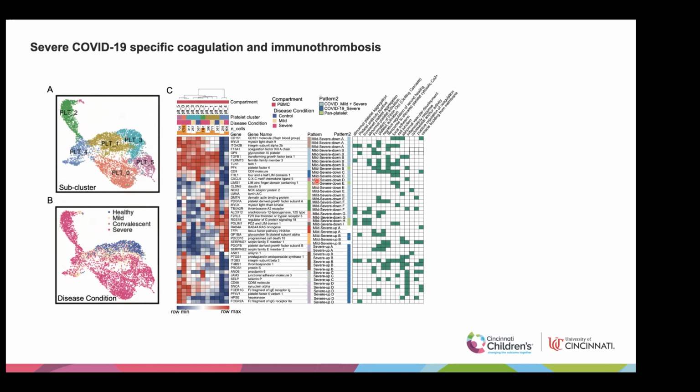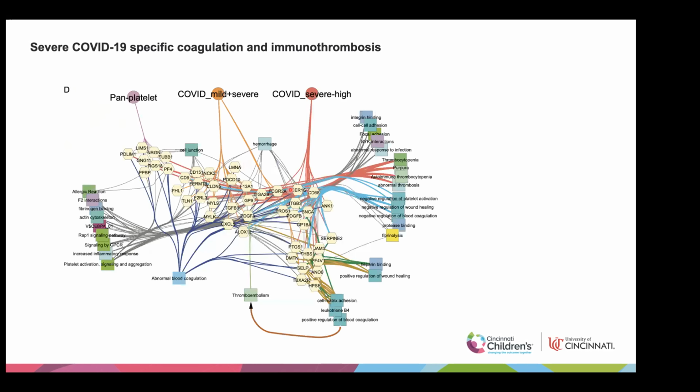We put forward a panel of genes that could be highly associated with coagulation or immunothrombosis in COVID-19 patients. And with those genes, we use ToppCluster and Cytoscape to build a network which can potentially explain why in some severe patients, the coagulation becomes so bad.